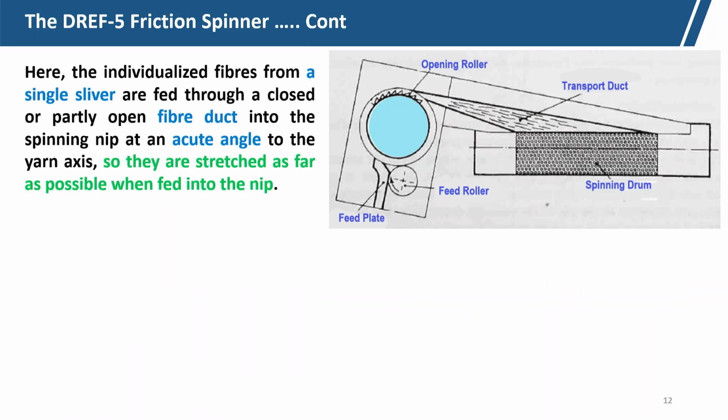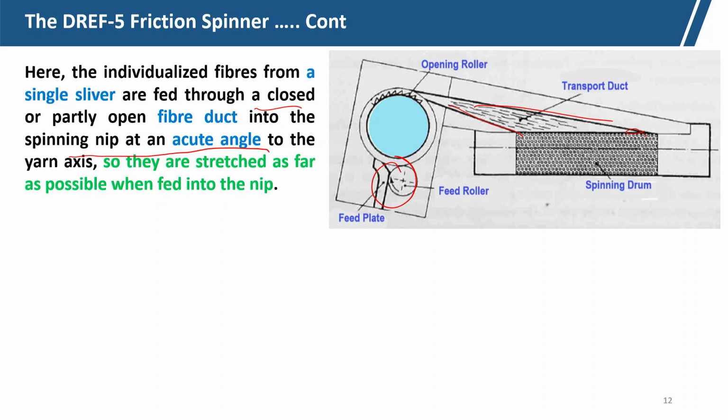Here the individualised fibers from the sliver, a single sliver we can use, are fed through the closed or partially opened fiber duct. This is the closed fiber duct, or it may be partially opened at this point near the spinning drum, onto the spinning nip at an acute angle. It is not 90° or like that.